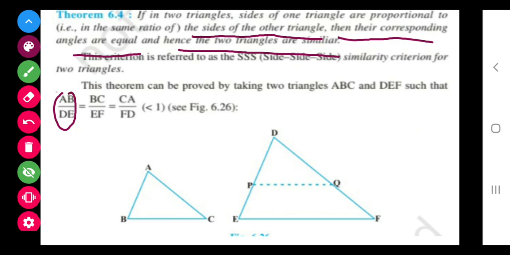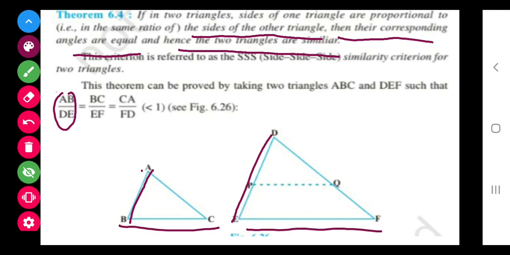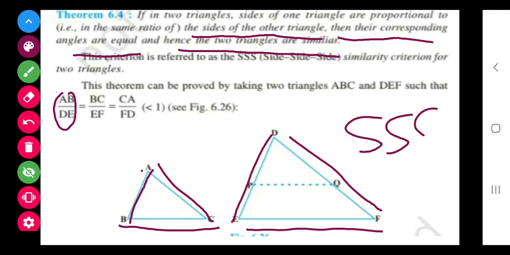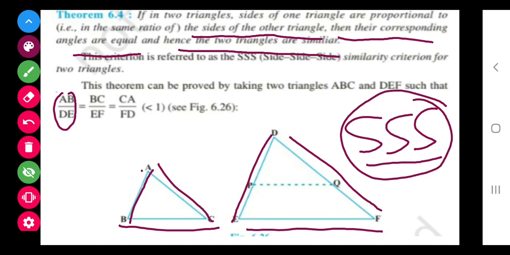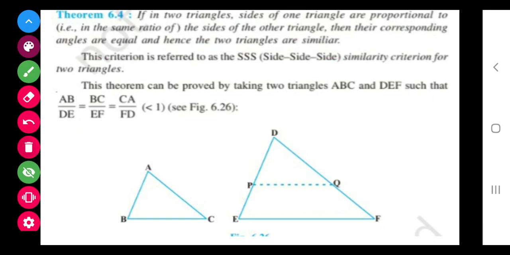If sides are in proportion, this upon this, and this upon this, you will say that this is SSS, side, side, side. In congruency, these are equal. If we have to prove congruent, these should be equal. But in similarity, we just have to prove that they are in proportion.